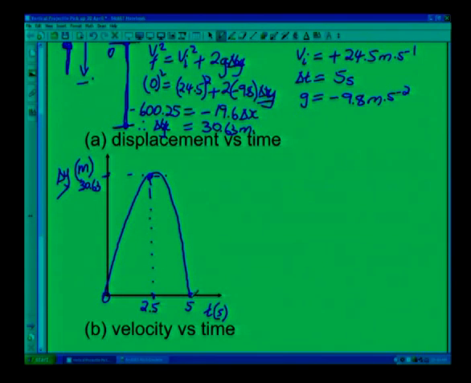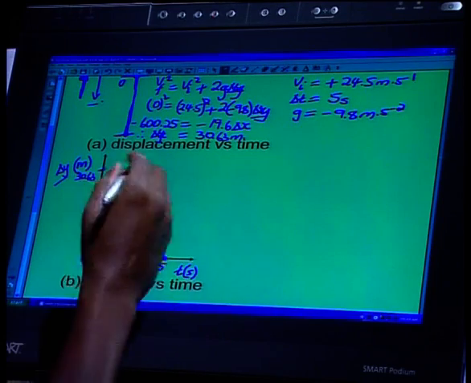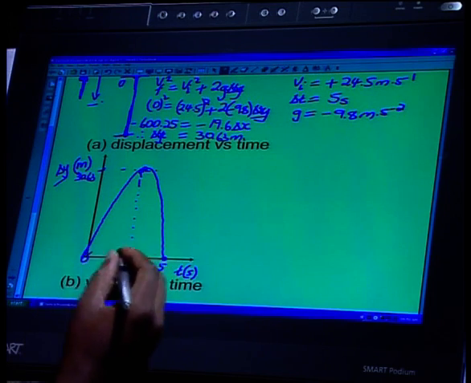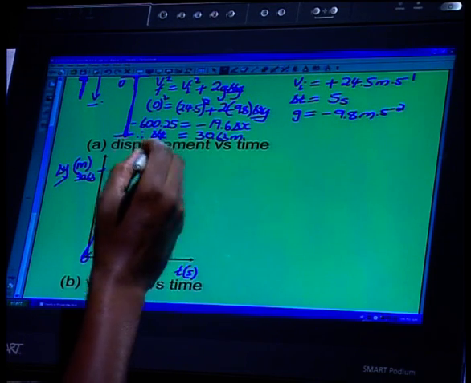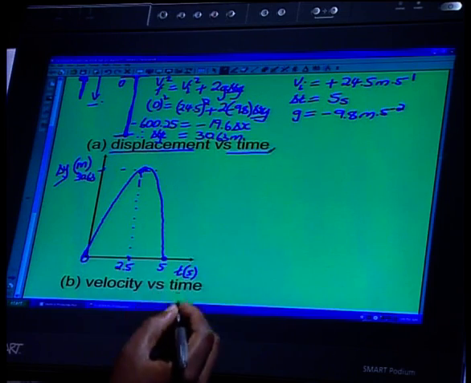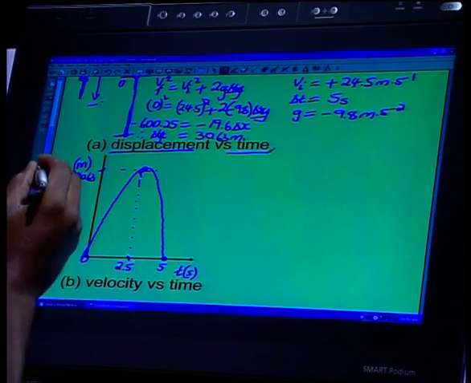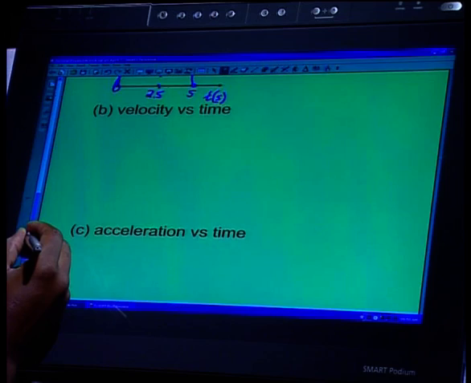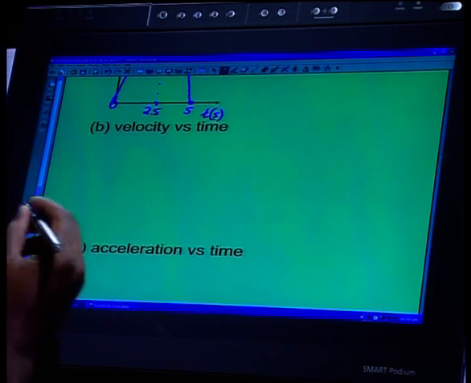It's a parabolic shape. Remember that if I was drawing this to scale and everything was neat, I would have a nice curve there, and the turning point will be right at the apex of that graph. So that is how your displacement time graph will look.